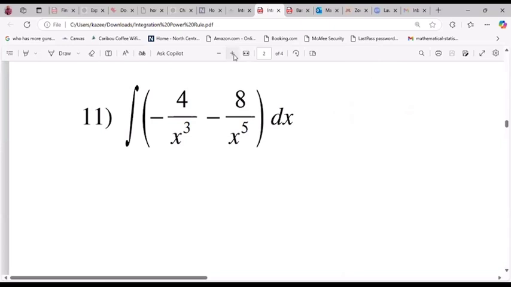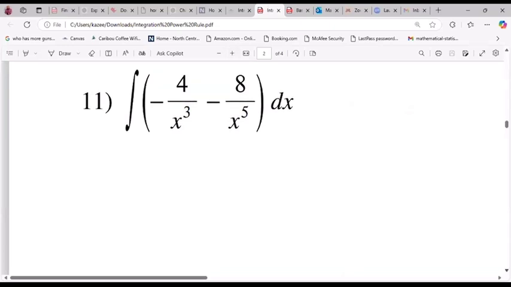So I want to attempt question 11 right now. Now, whenever you see a question in this form, we're actually going to rewrite that as negative 4 x to the power negative 3. Because if the denominator of a fraction has a positive power, the moment you convert it to the numerator, it's going to have a negative power.